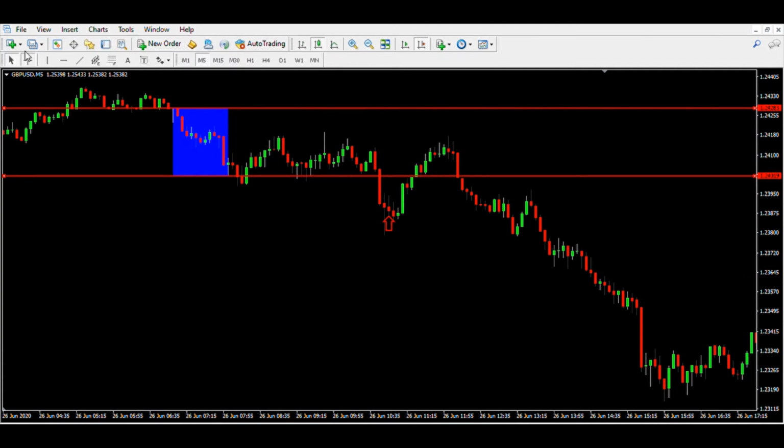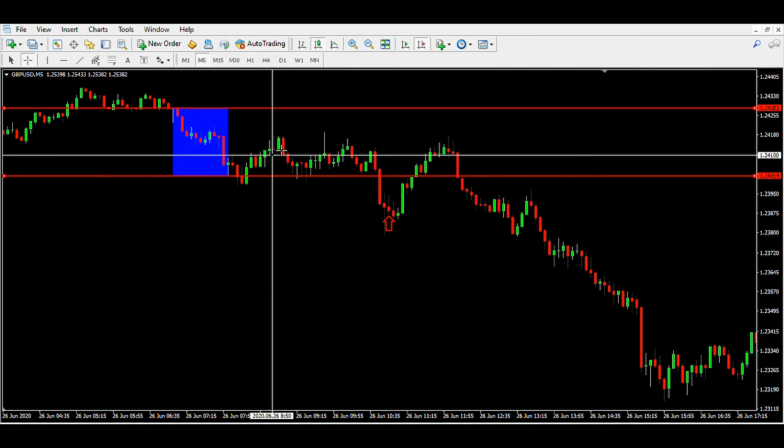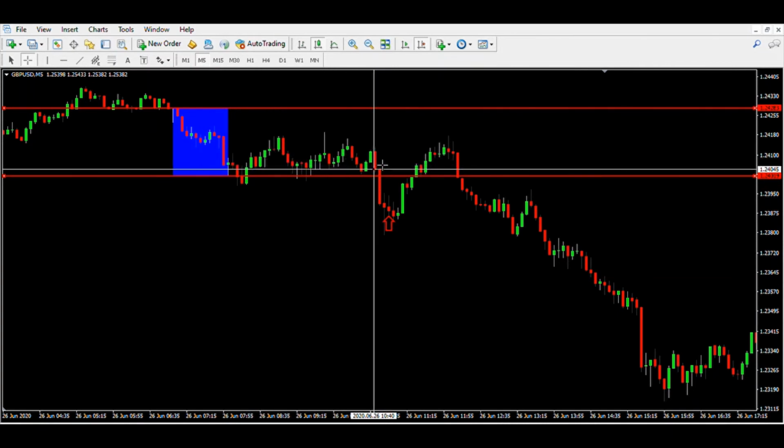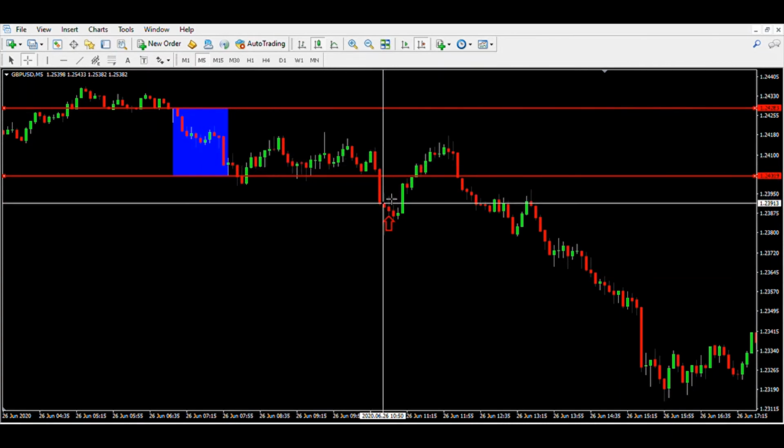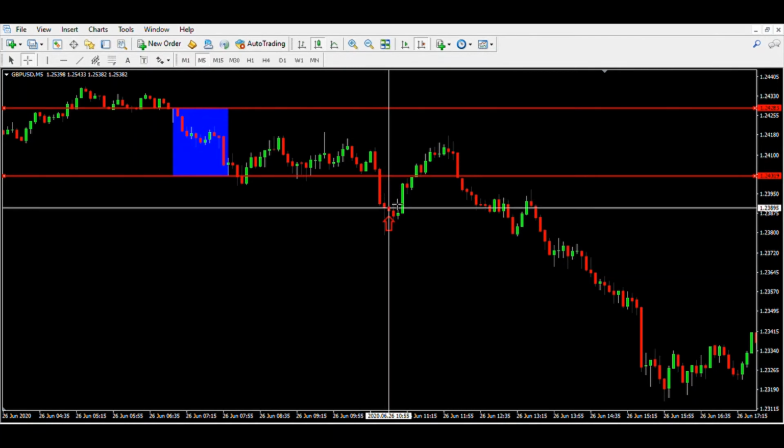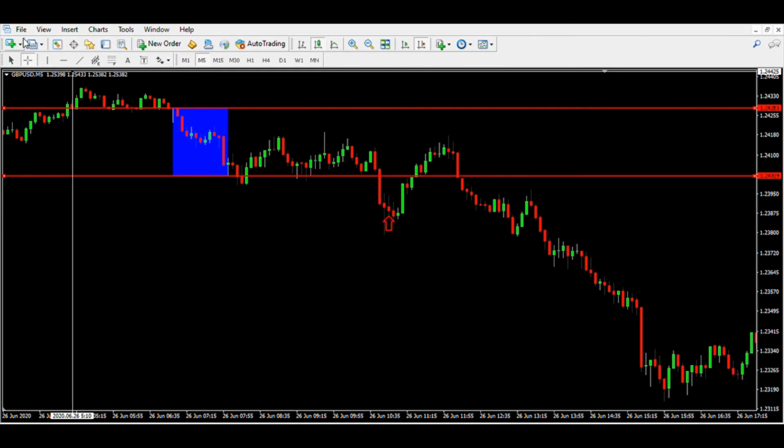So that will basically be none of these candles, because it's just touching the line, went back in the box, and that will be this candle here. This will be your entry, so you are entering on this candle here. Okay, that'll be your entry.